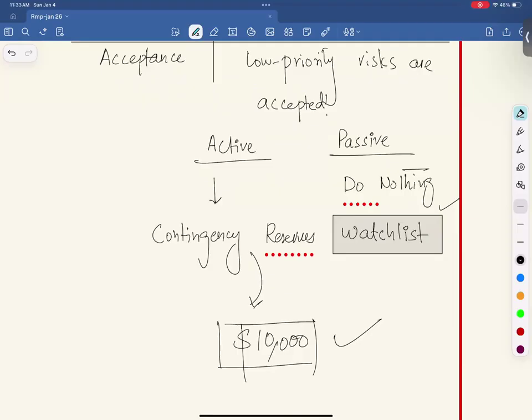So this is your active acceptance. You're not taking any action. You're just setting aside a reserve.